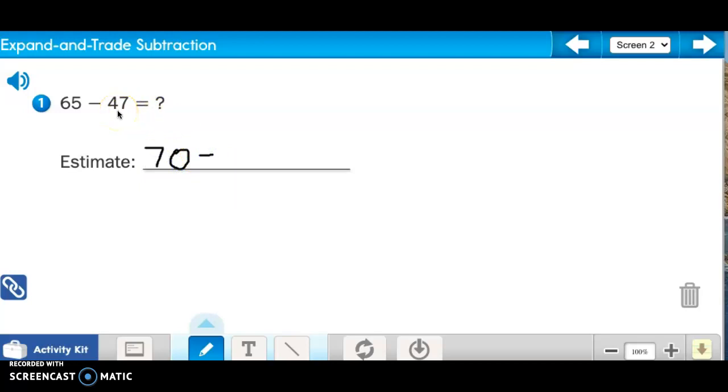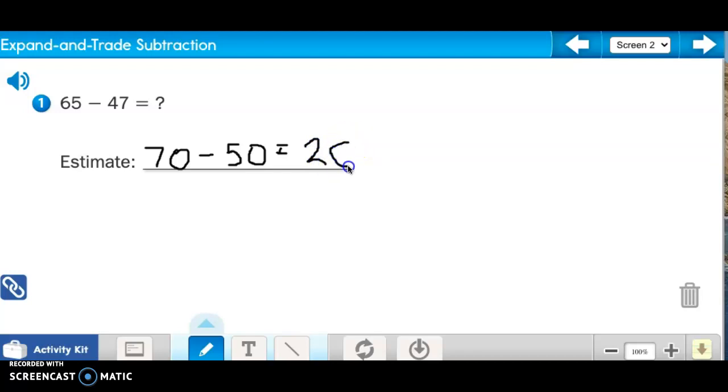Is 47 closer to 40 or 50? It's closer to 50. So 70 minus 50 equals, it's like 7 minus 5 is 2, so that would be 20.